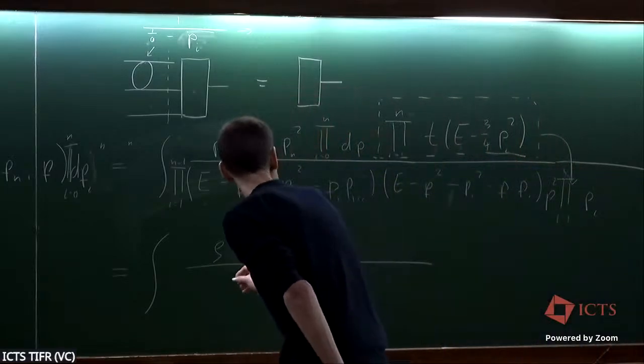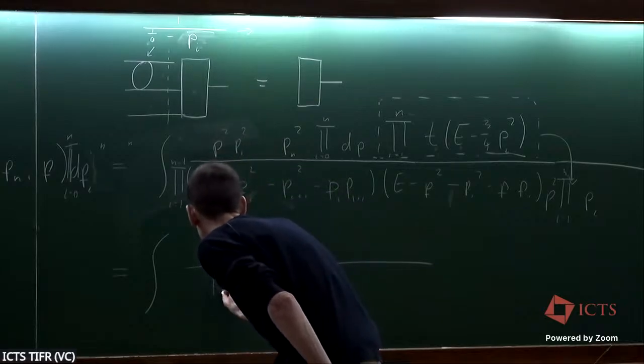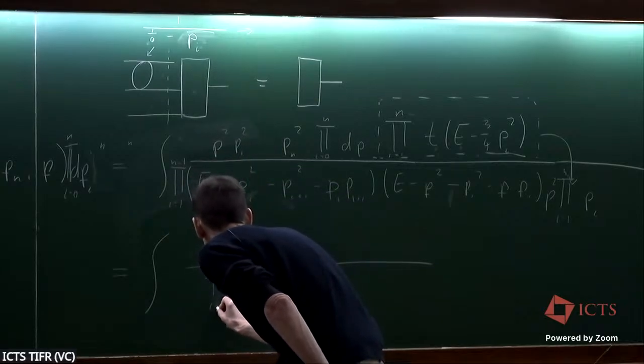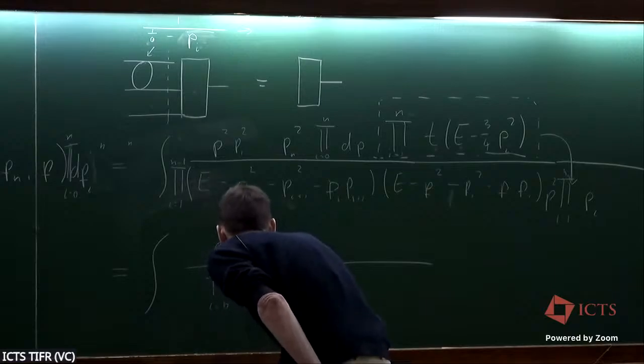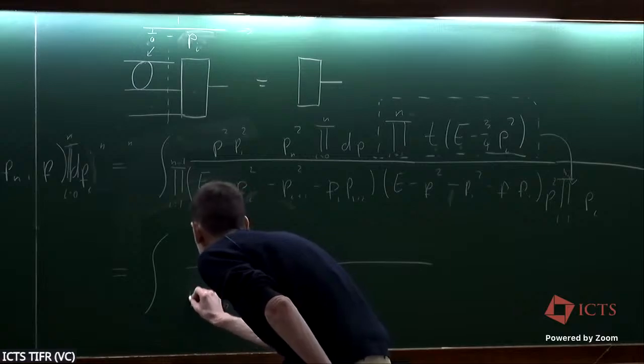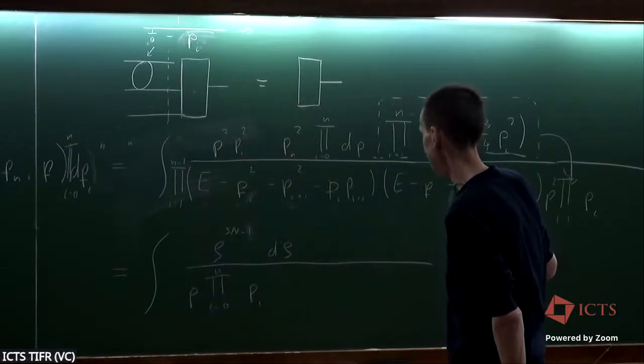So what is then left is a product down here, i equal to 0 up to n, of p_i times p. And that's it.